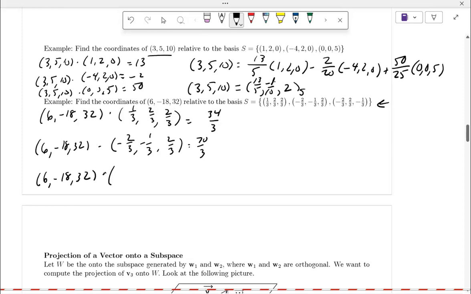Now with negative 2/3, 2/3, 1/3. What do we get? Negative 4 minus 12. So we get negative 16. 16 is the same thing as 48 over 3 minus 32. So I get negative 30.